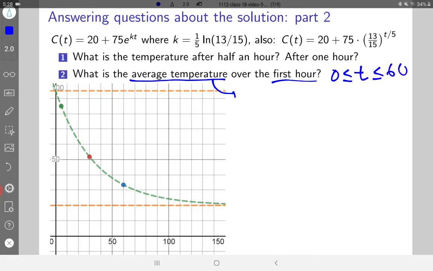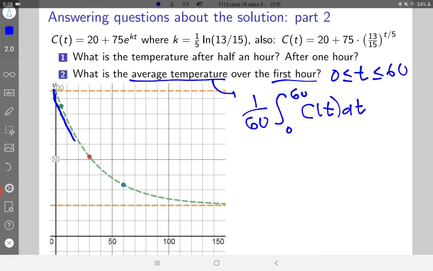The average value of a function is obtained by integrating the function between those time values across that domain, and then dividing by the width of that domain, the size. So this is saying integrate, find the area under the curve over the first 60 minutes, and then divide by 60. And so overall, this represents the average height of the curve between these two endpoints, from 0 to T equals 60. We're going to get the average height.